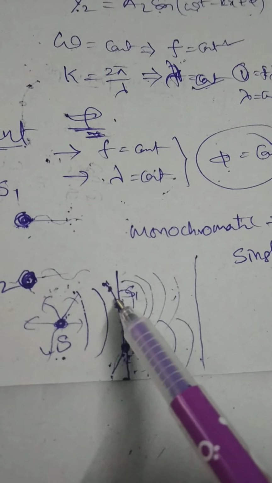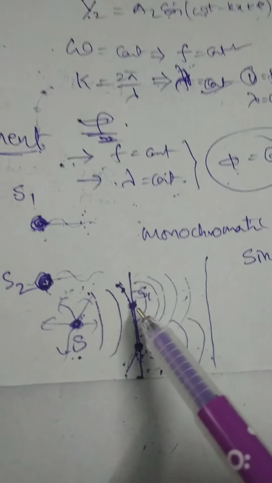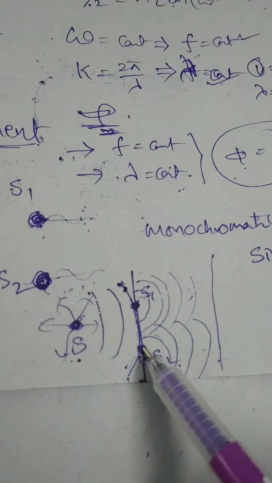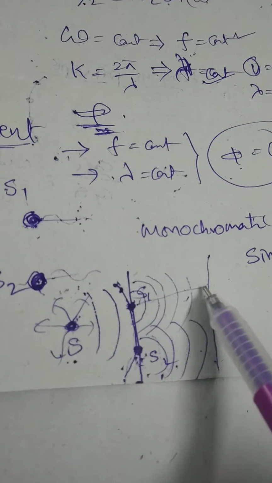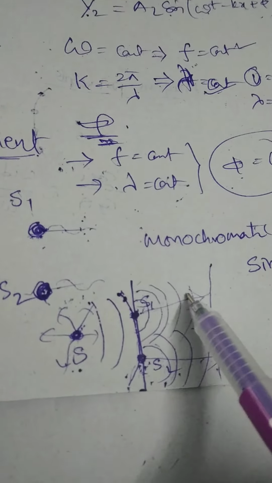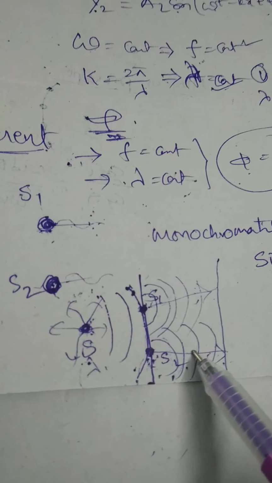Initially, the phase difference between the light rays coming from S1 and S2 is equal to 0, because S1 and S2 both are lying on the same wavefront, right? So light from S1 and light from S2 both derive from the same monochromatic source, meaning lambda remains constant for both.